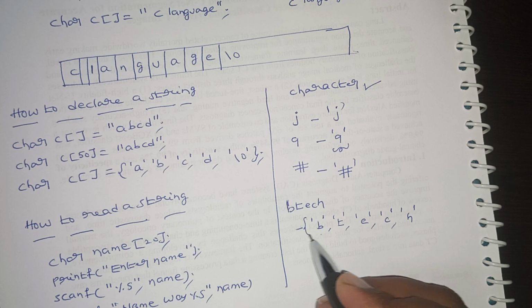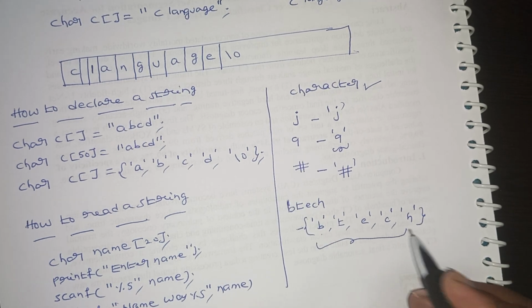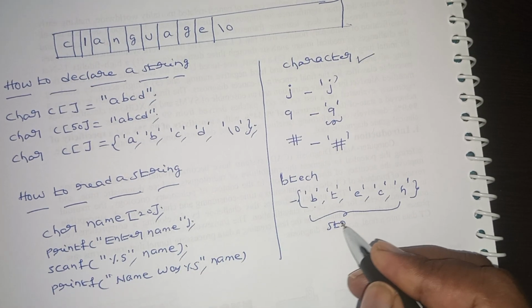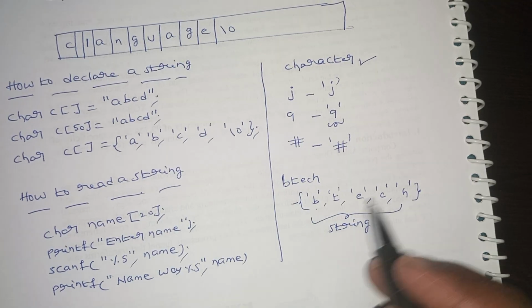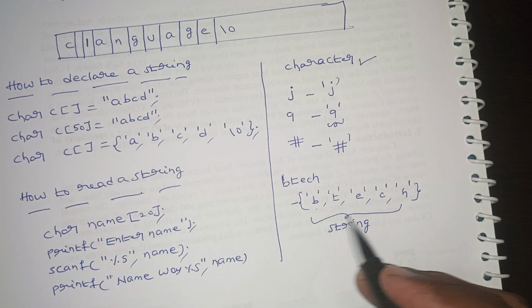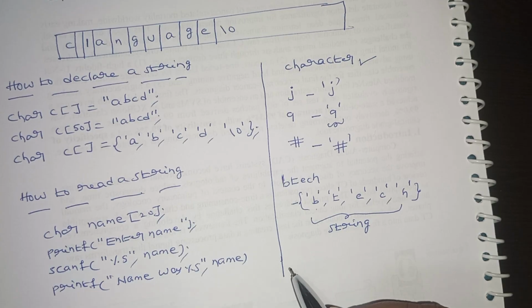So this is called a set of characters. Now this is called a string. That is the definition. A set of characters, or collection of characters, or sequence of characters, is called a string.